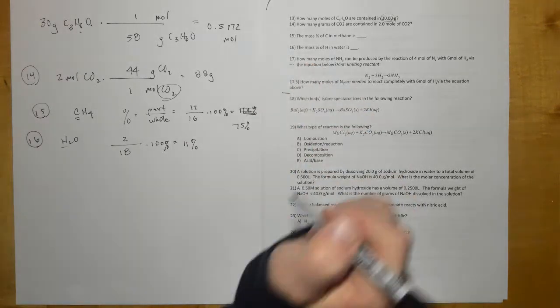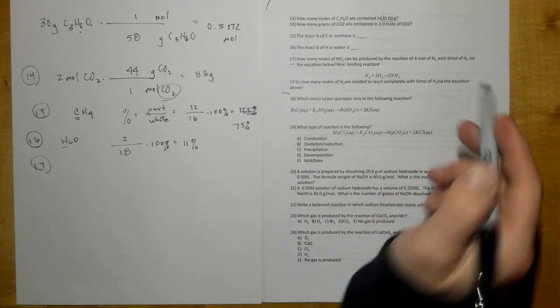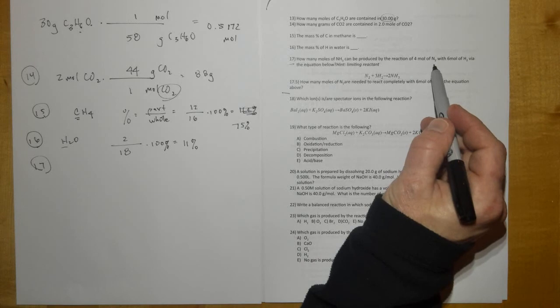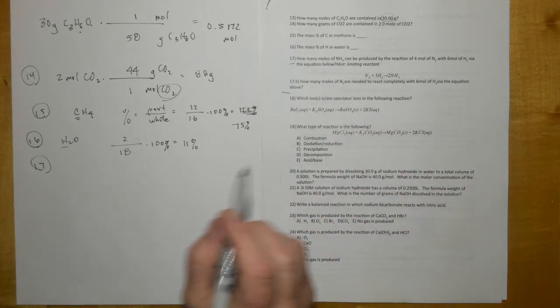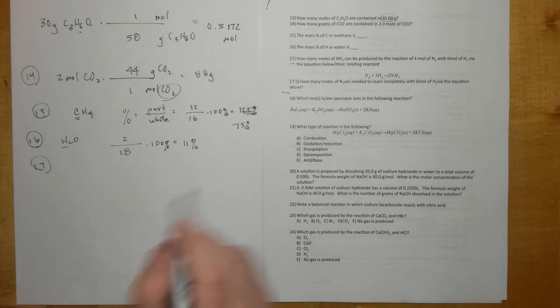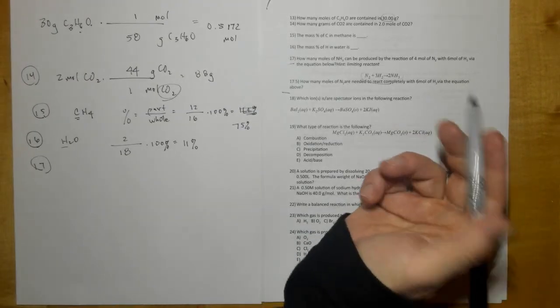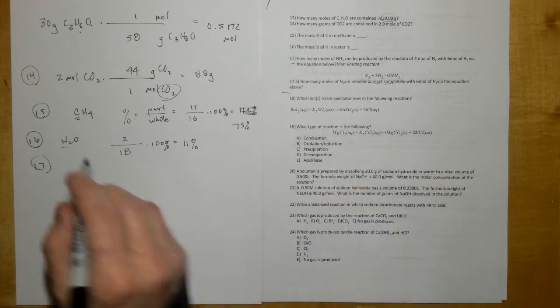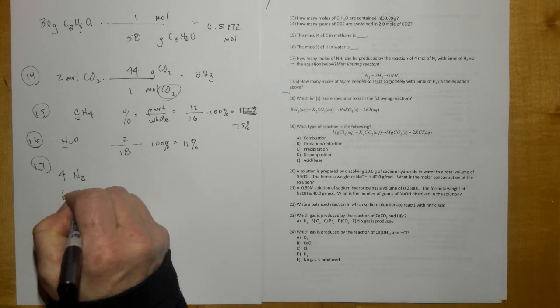And then let's do 17. How many moles of NH3 can be produced by the reaction with 4 moles of N2 with 6 moles of H2? And it says hint, limiting reactant. So step number 1, write the balanced chemical equation. That's done for us. Step number 2, convert to moles. That's done for us. So we have 4 moles of N2 and we have 6 moles of H2.